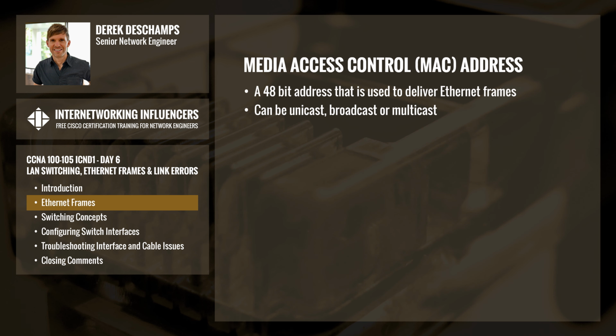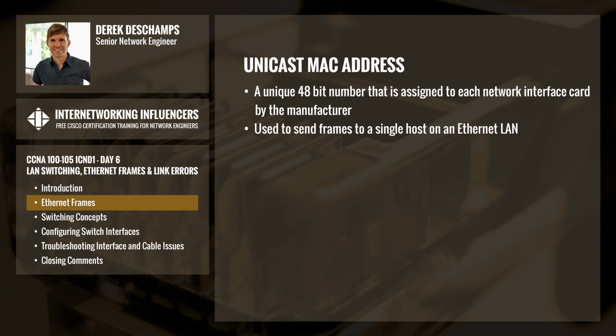A media access control address, or MAC address, is a 48-bit address that is used to deliver Ethernet frames. A MAC address can be unicast, broadcast, or multicast. A unicast MAC address is a unique 48-bit number that is assigned to each network interface card by the manufacturer. A unicast MAC address is used to send frames to a single host on an Ethernet LAN.